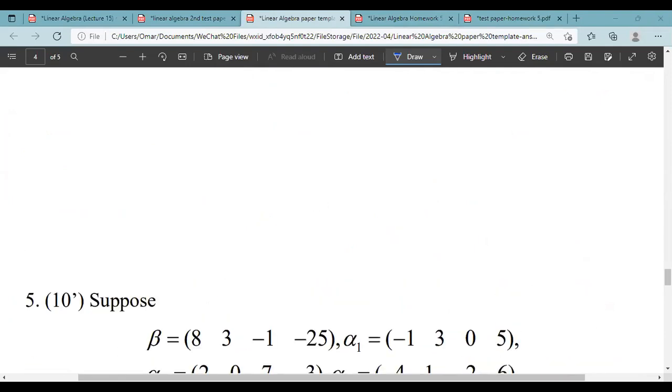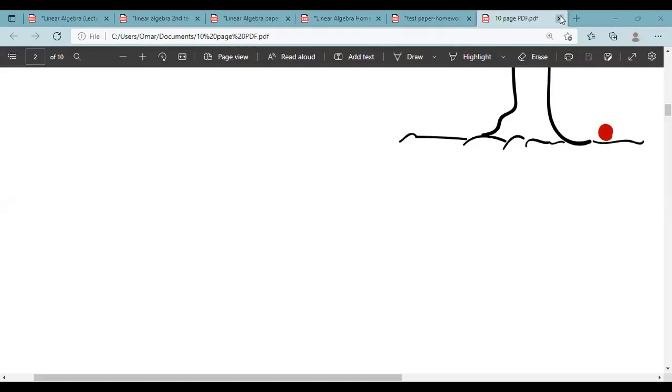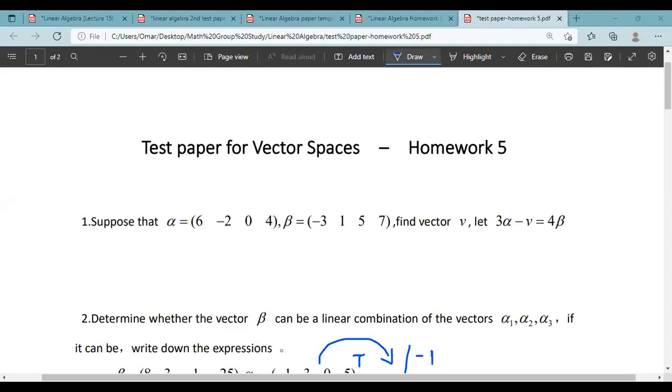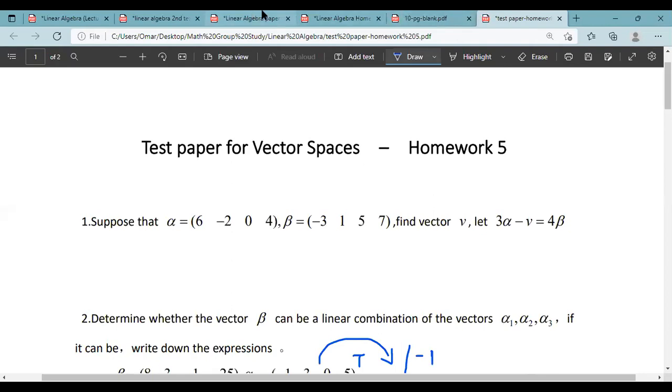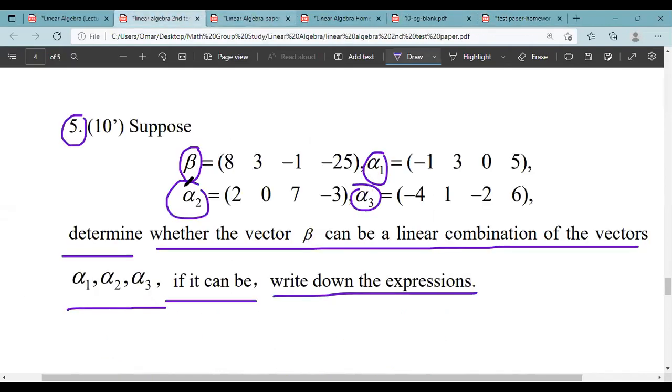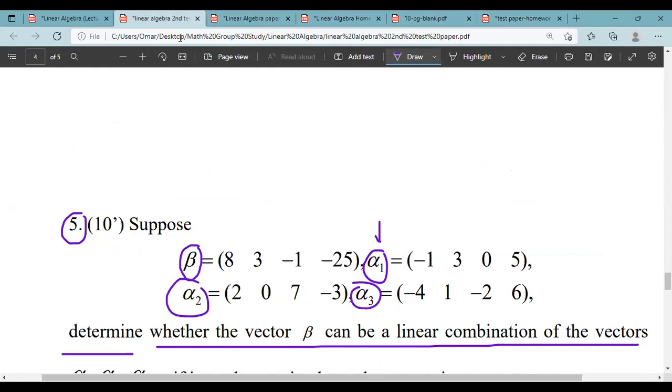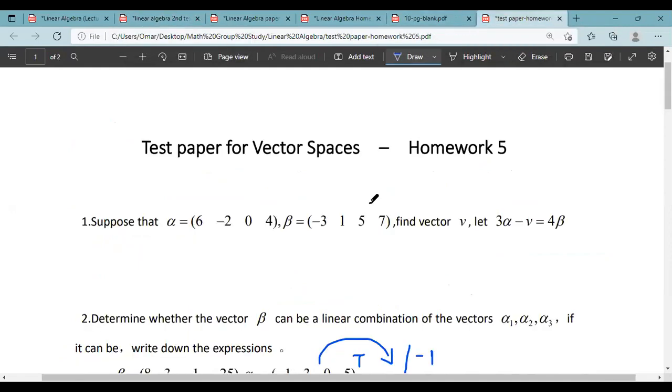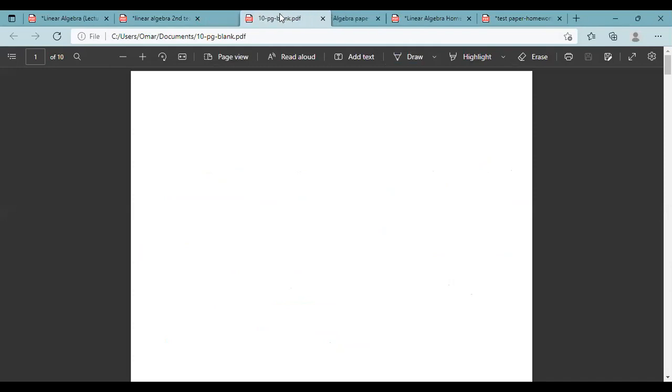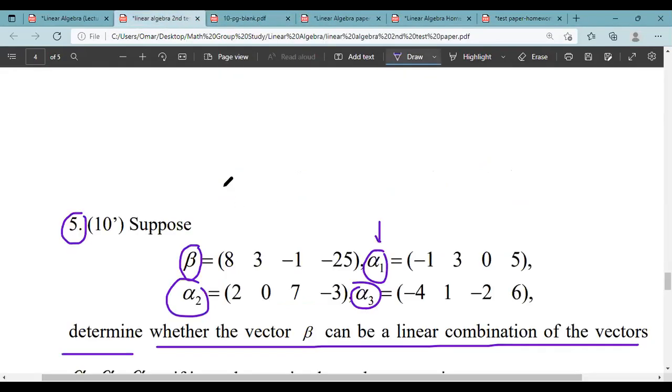Okay, let me calculate it from the very beginning. I'm doing it from scratch.